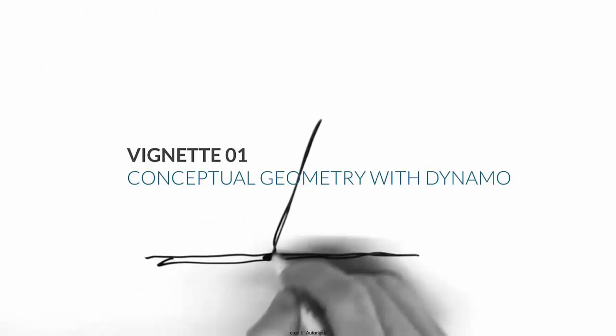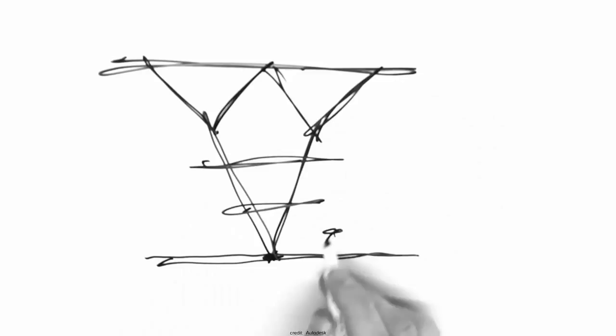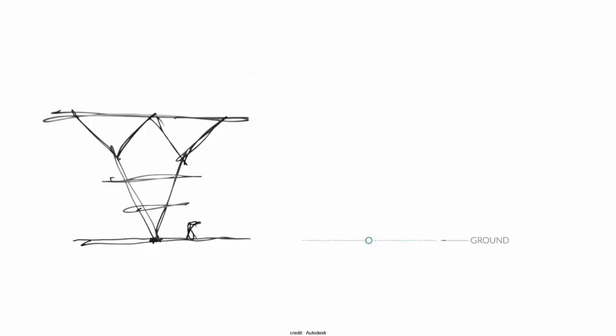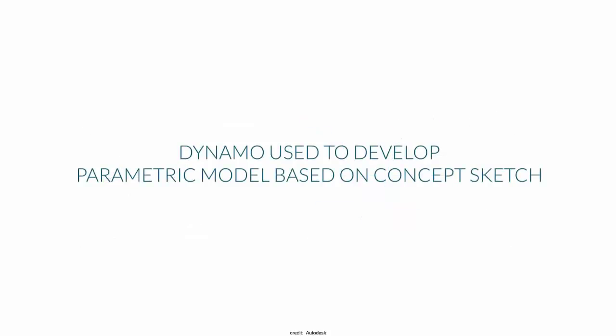So we looked at the train station case study earlier, and this could start with a little bit more hands-on with a simple sketch on paper, and that could go to Dynamo in the form of creating planes and levels for the primary structure, level 1, level 2, and the roof secondary structure.